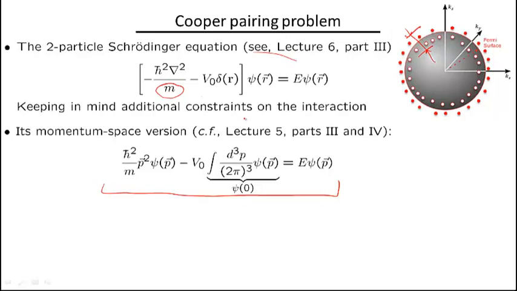But as we discussed, weak attraction in 3 dimensions, and this is a 3-dimensional problem, does not result in a bound state. So a delta function potential in 3D does not have a bound state. However, an interesting thing that happens here is that the electrons that play a role in this pairing and this interaction with phonons exist in the vicinity of the Fermi surface, and this surface is 2-dimensional, which gives rise, in a sense, to a reduction of dimensionality.